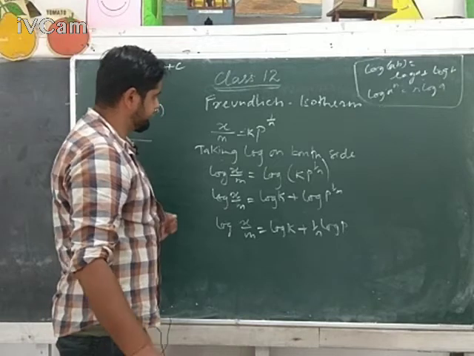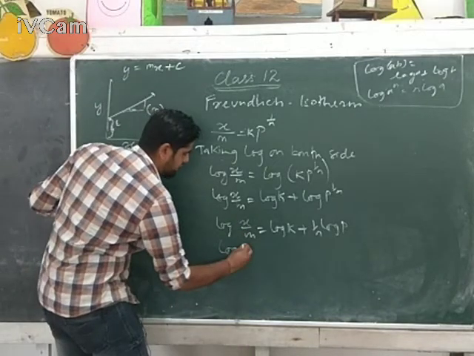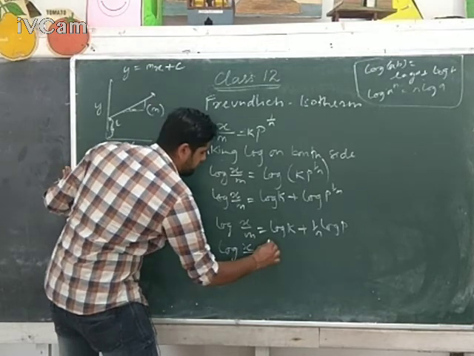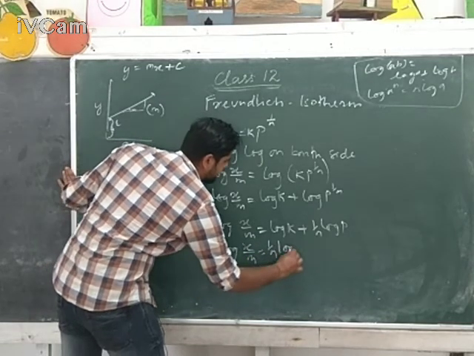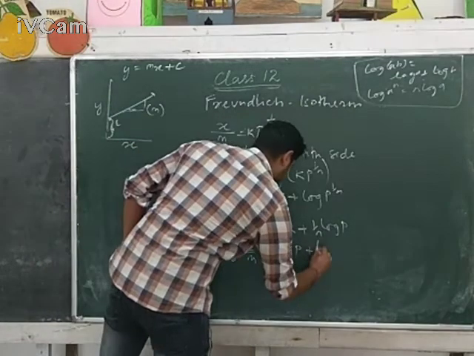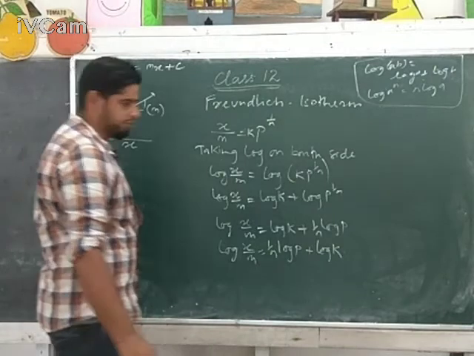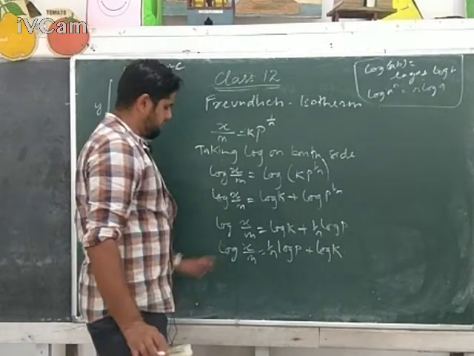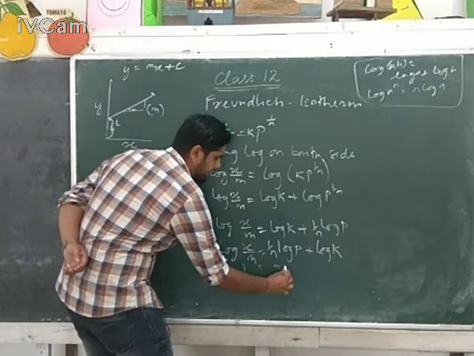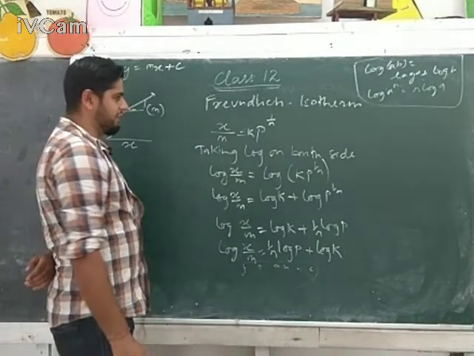I'll arrange it like this: log x by m equals 1 by n log p plus log k. Again compare this equation with y equals mx plus c, and we'll draw the graph.